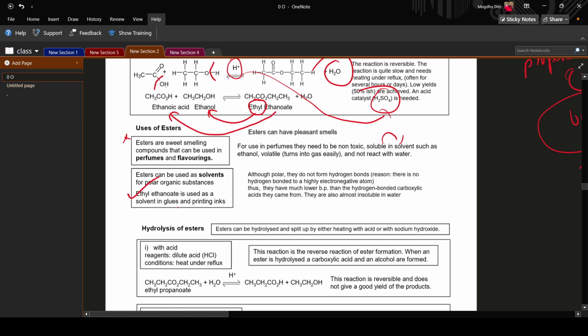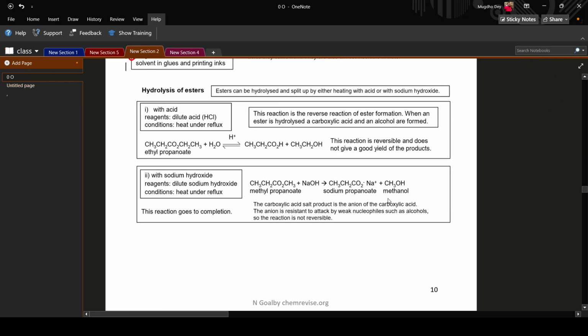Apart from their non-toxic pleasant smell, they also have a chemical property which allows them to act as glues or inks as well.